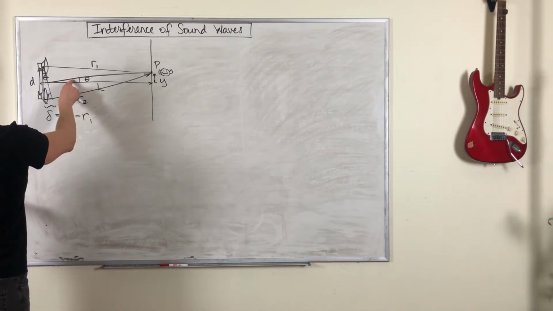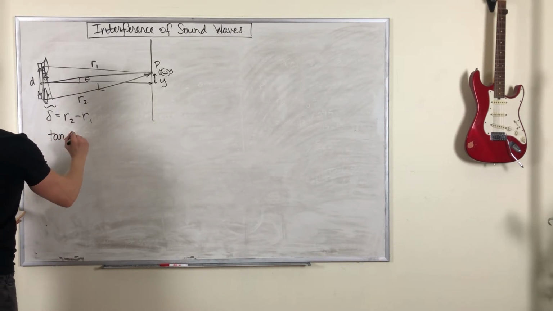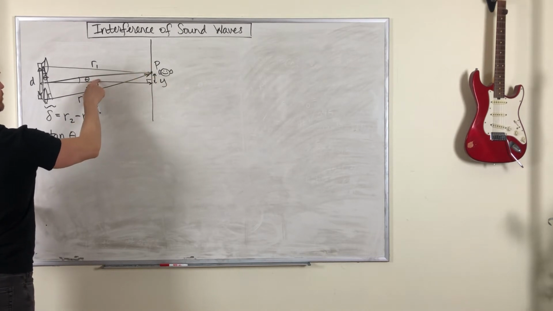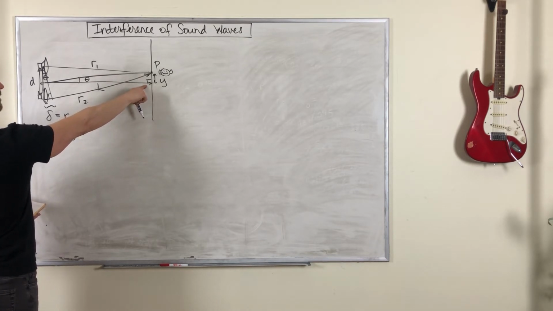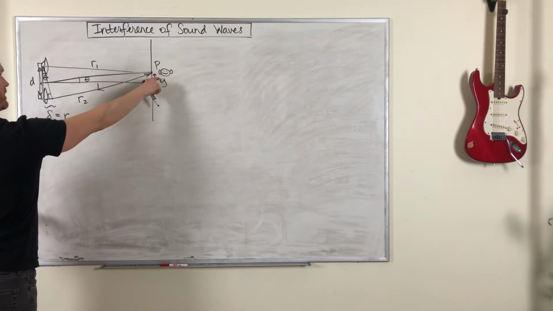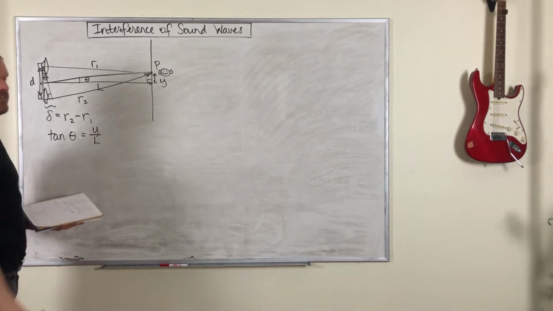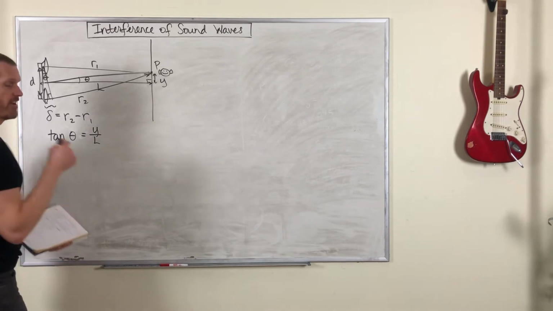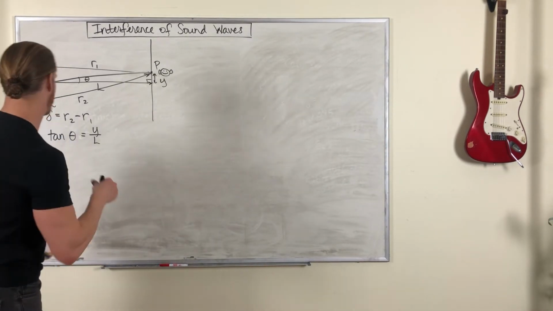And this theta is part of a right triangle where one leg of the right triangle is L and one leg of the right triangle is Y. So opposite is Y, adjacent is L, opposite over adjacent is tangent. And now there's this small angle approximation that we talked about when we studied pendulums.